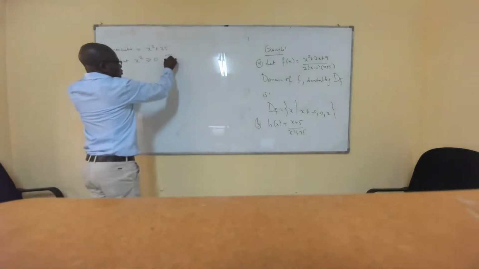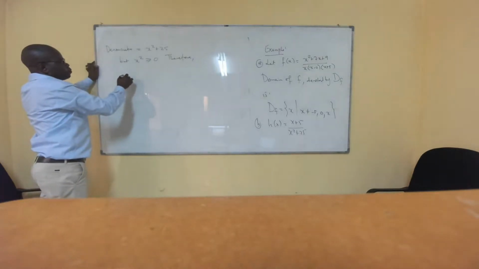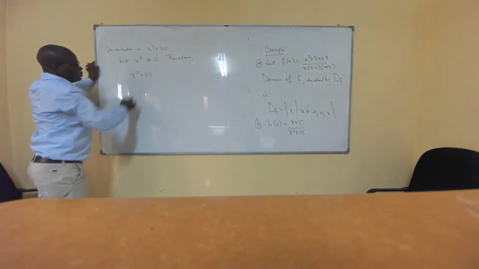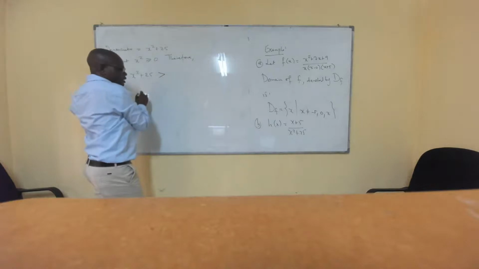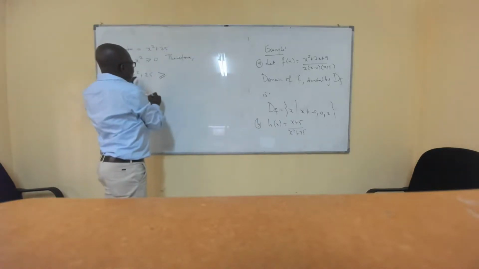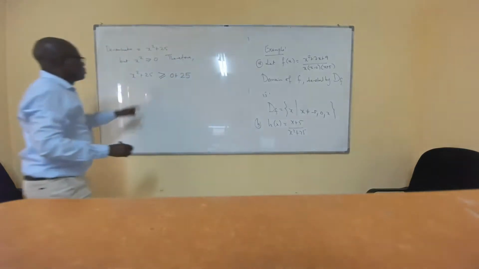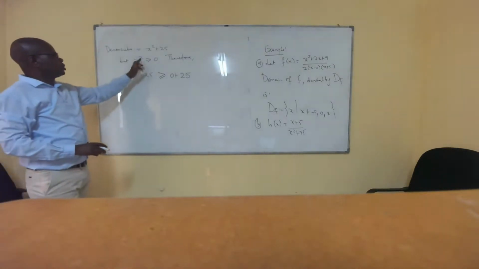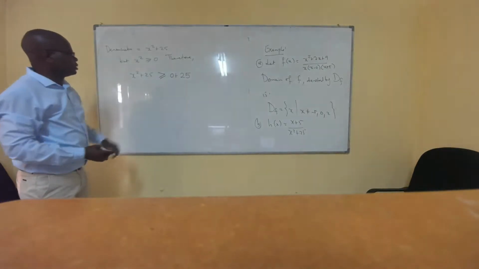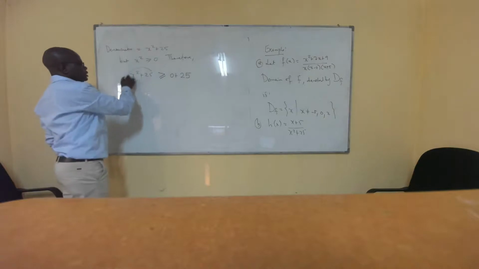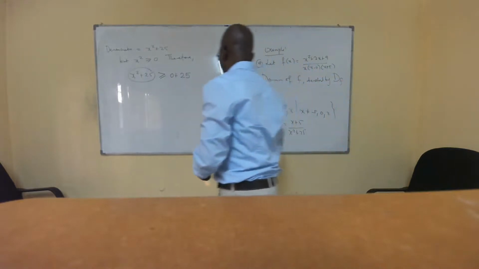So therefore, we expect x squared plus 25 to be always greater than or equal to 0 plus 25. Or similarly, you can add 25 to both sides of this inequality, and you get this. So this quantity is always greater than or equal to 25.